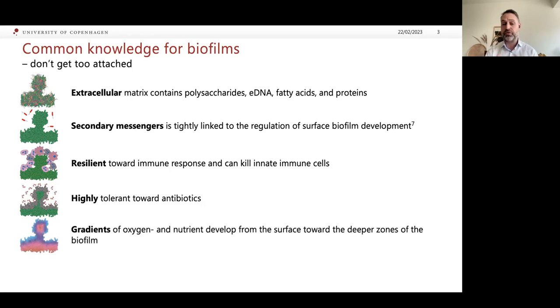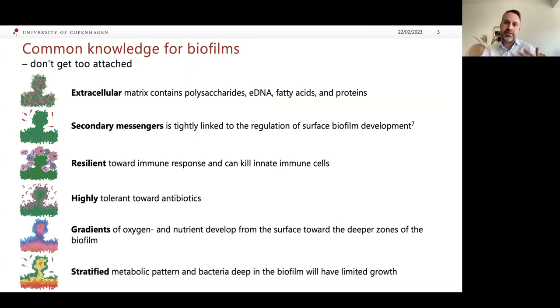One thing we also know from these surface-attached biofilms is that a biofilm quite often will form gradients within the biofilm, where oxygen and nutrients have a hard time penetrating the biofilm and limited diffusion. And this will cause stratified metabolic patterns within the biofilm. So you'll have cells that will grow faster and bacteria that will grow very slow.